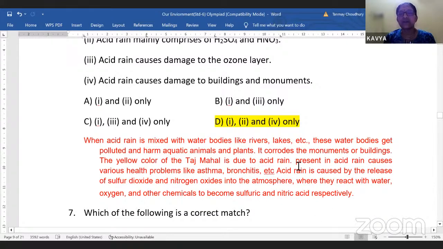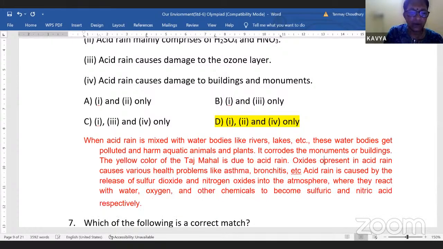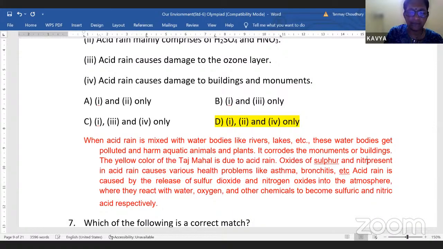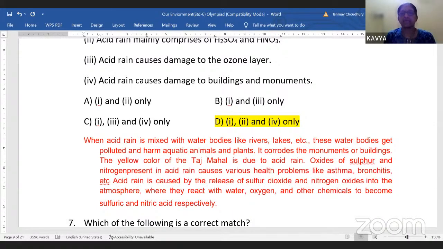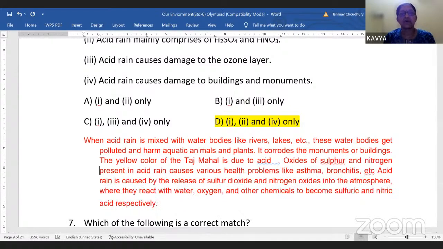And the oxides of sulfur and nitrogen present in acid rain cause various health problems like asthma, bronchitis, etc.